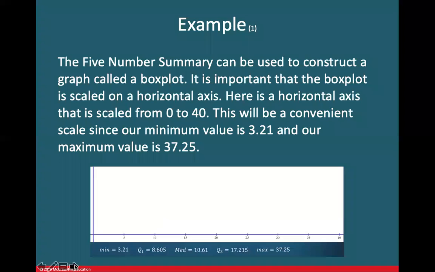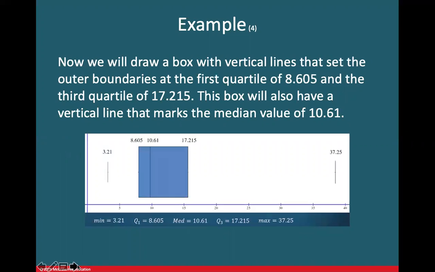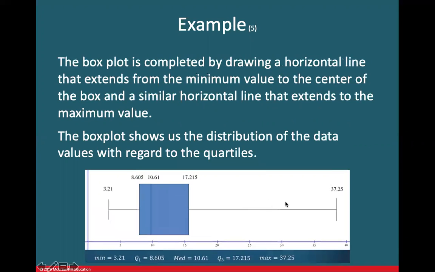It is important that the box plot is scaled on a horizontal axis, so it's 0 to 40. This will be a convenient scale since our minimum value is 3.21 and our maximum value is 37.25. Now we are starting with the minimum value. Let's see, the maximum value, where is it? Yeah, this is it.